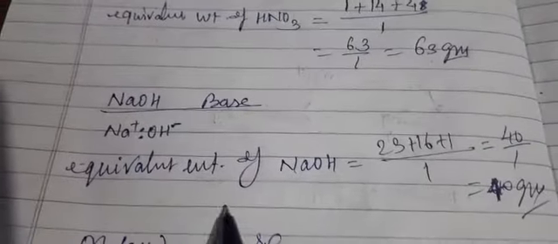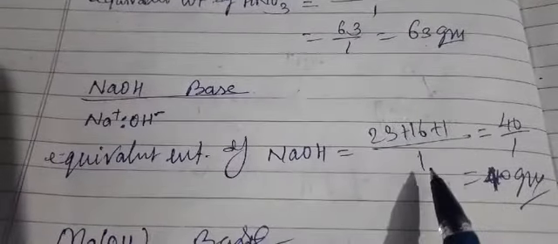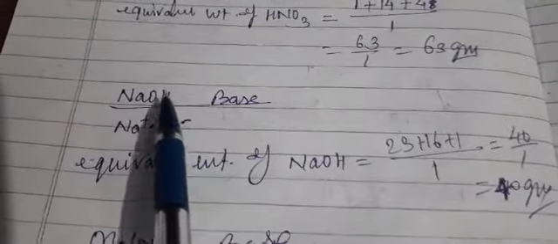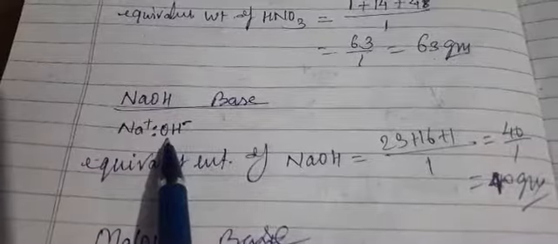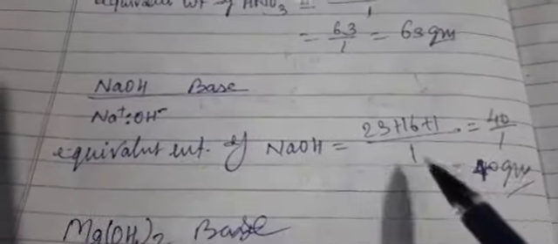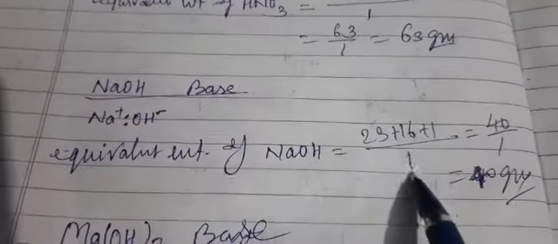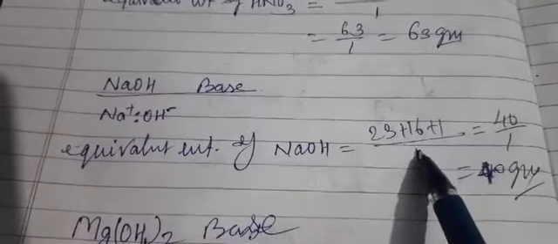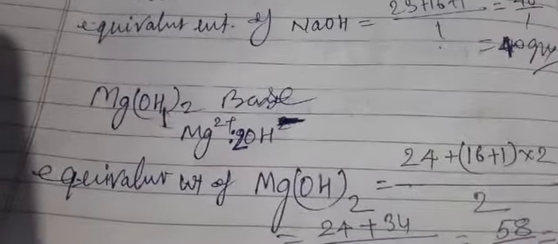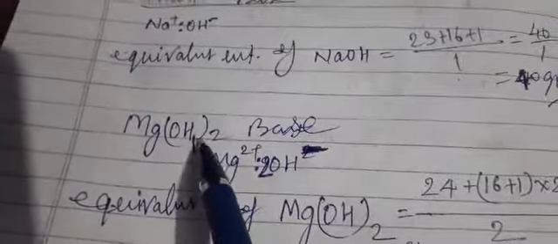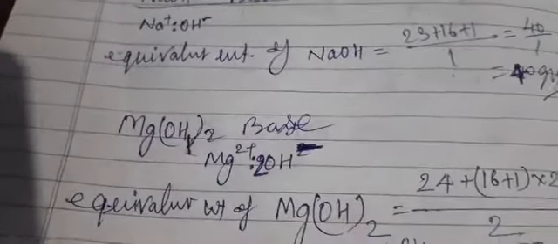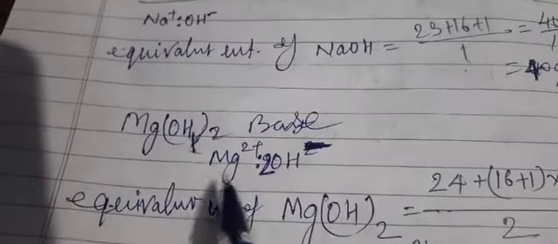Now I will talk about the base. The equivalent weight of a base is equal to molecular weight by acidity. What is the acidity of sodium hydroxide? It releases only one OH minus ion, so its acidity is 1. So molecular weight divided by acidity is 40 by 1, that is 40 gram. Now I will take another base, magnesium hydroxide, Mg(OH)2.